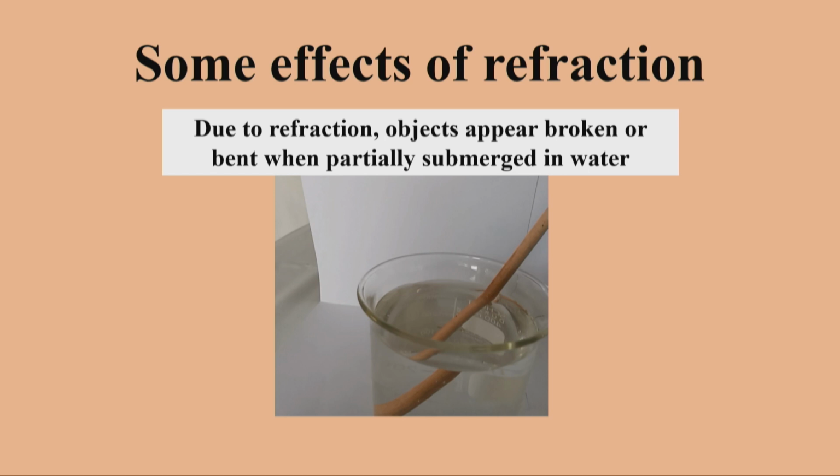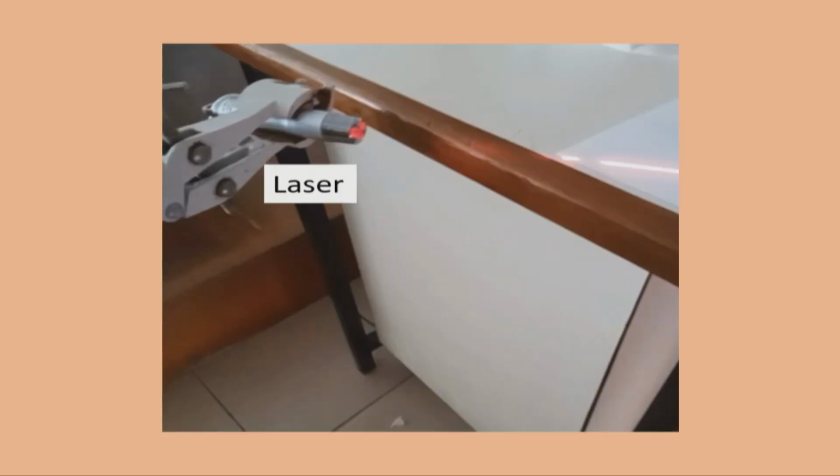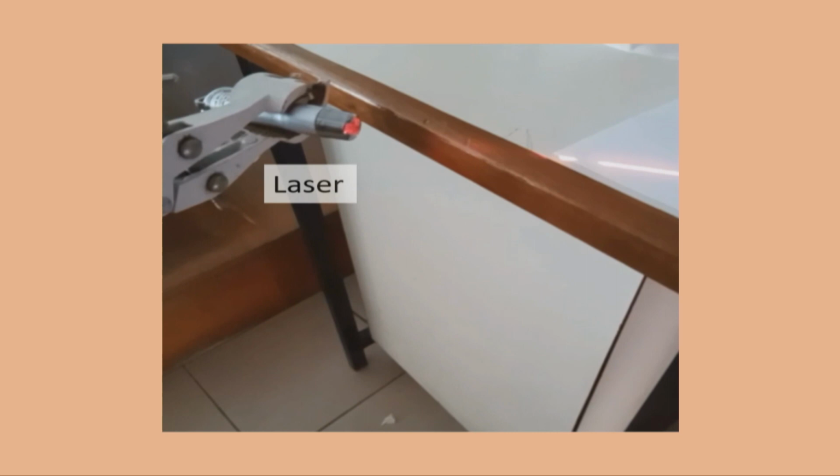We can demonstrate refraction of a ray of light by using a source of laser light, shining the laser on a sheet of paper. We can see that the ray of light moves in a straight line. Now watch what happens when a glass block is placed in the way of the ray of light.